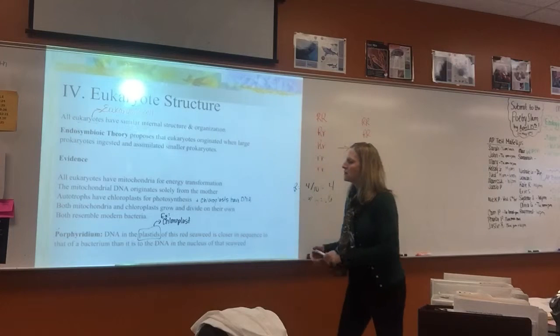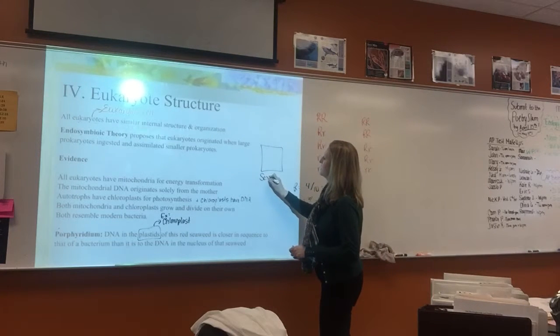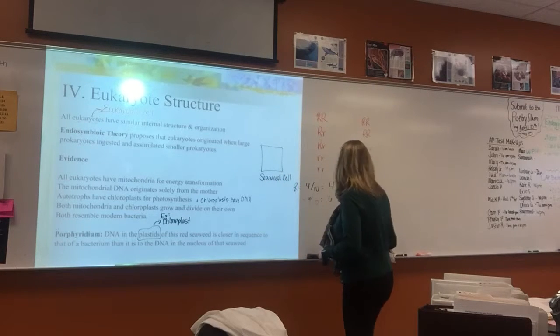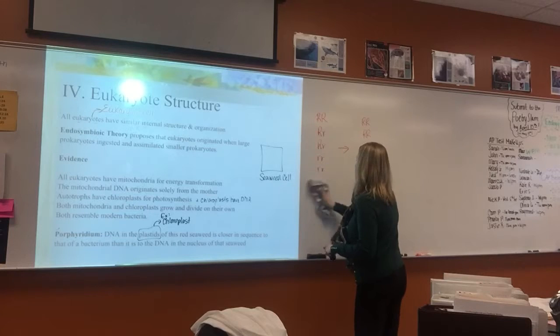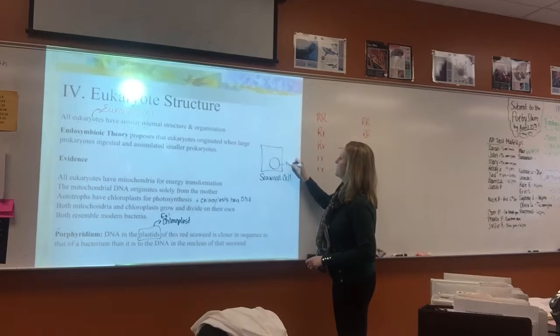And what they found when they studied this red seaweed is this: if this is a seaweed cell, it has a nucleus, and inside the nucleus is the seaweed's DNA.